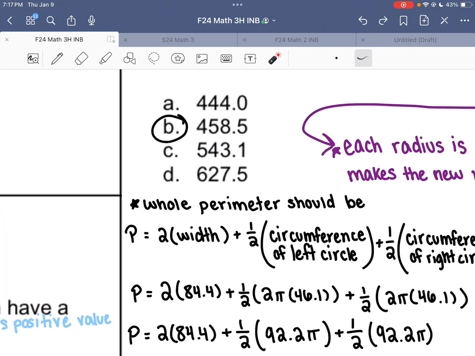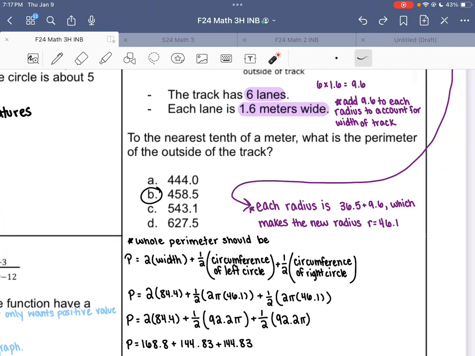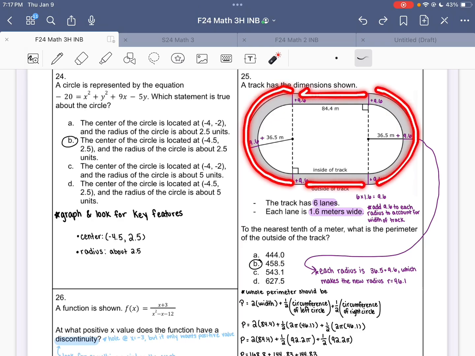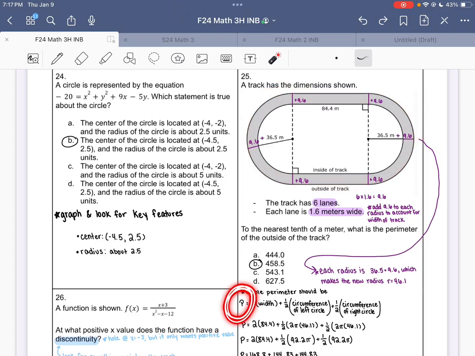So the perimeter of a circle is also the circumference. So we needed half of the circumference for this, half of the circumference for that, and then 2 of these widths added together. So this is the perimeter that I'm looking for. That's what I wrote down here.